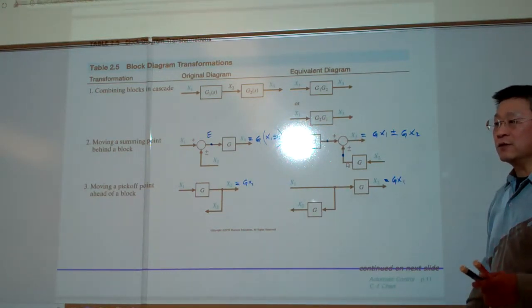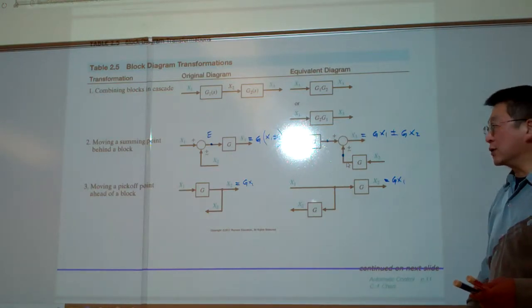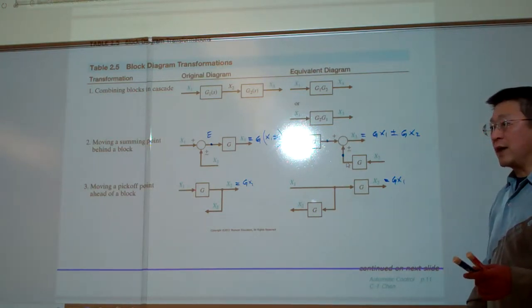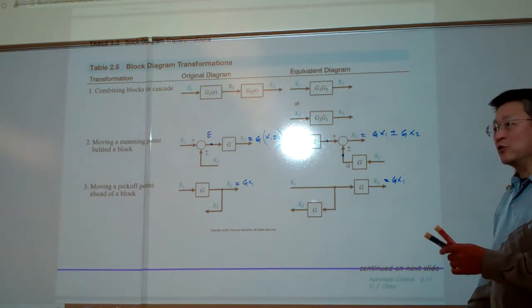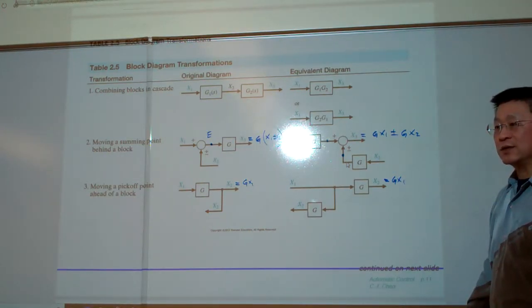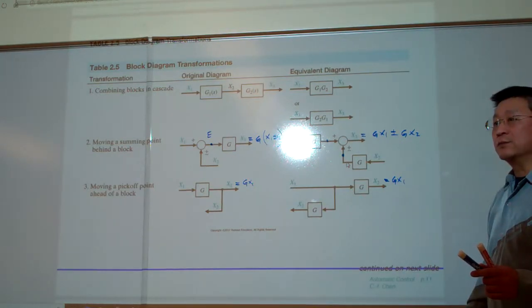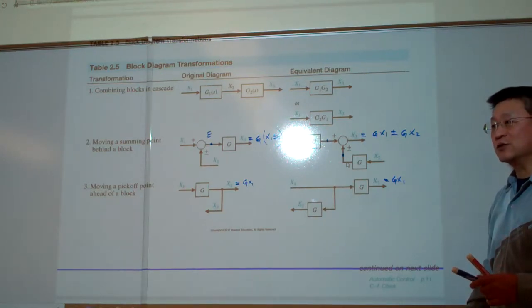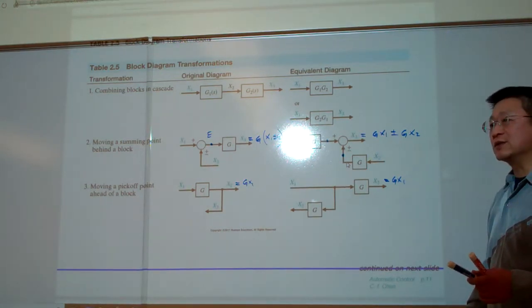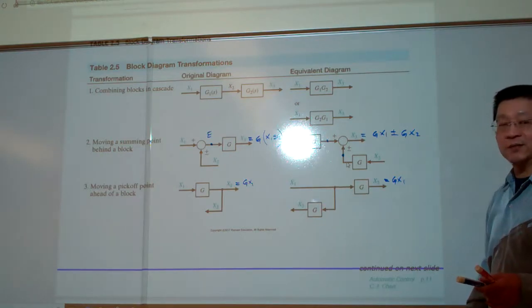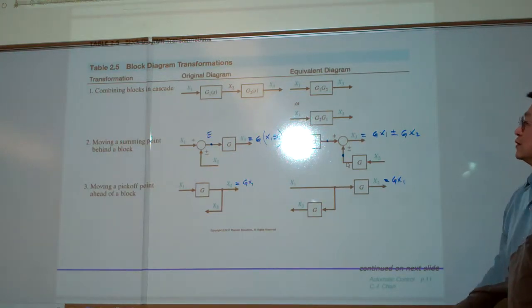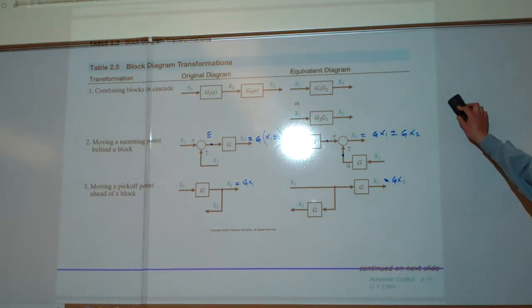So don't worry if you work with a team or in a group and your thinking leads to a block diagram different from your team members'. That's okay. The point is to compare the transfer functions. As long as the transfer functions are the same, you and your team members are on the same page.